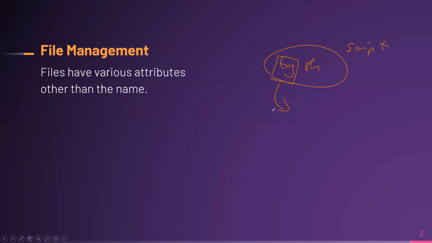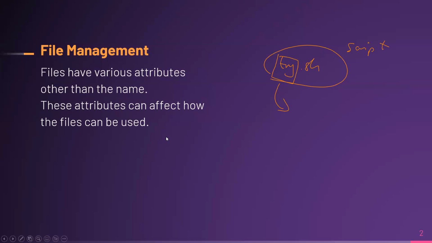But that's not the only attribute that comes with that file. One of the attributes that is not too clear here would be who owns this file or who created this file. Another attribute may be what kind of stuff the owner can do on the file, or what kind of people can access the same file. When was the file created? Stuff like that is what we're going to be looking at with the file systems.